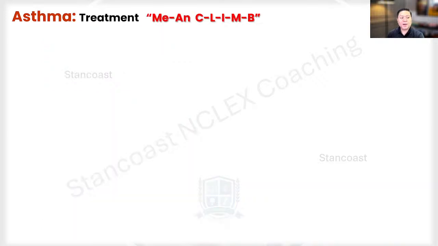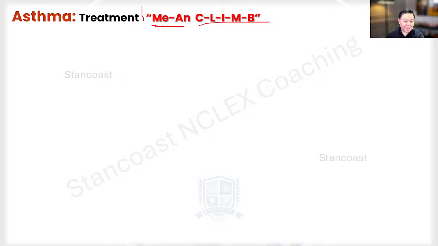Now, talking about the treatment of asthma, I want you to use this acronym: MEAN CLIMB. This is the acronym that probably would help you in retaining those medications that are often used in the treatment of asthma.